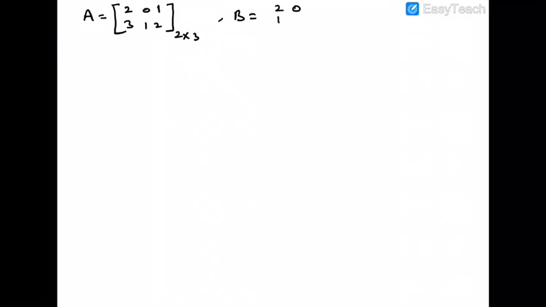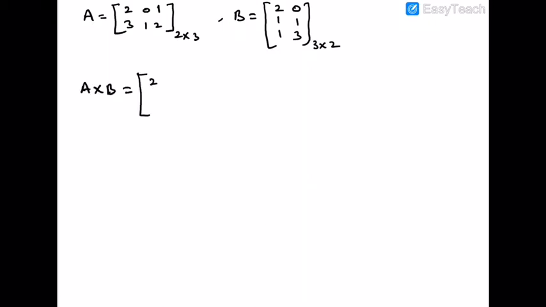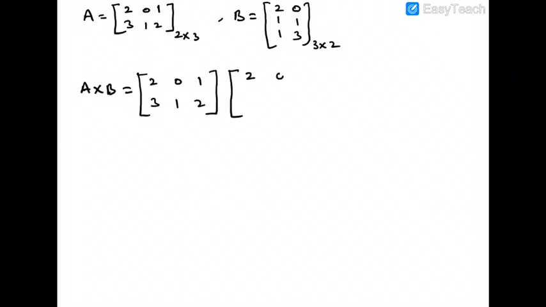Now let's multiply matrix A, equal to 2, 0, 1, 3, 1, 2, and matrix B, equal to 2, 0, 1, 1, 1, 3, and then A times B will be 2, 0, 1, 3, 1, 2 times 2, 0, 1, 1, 1, 3.